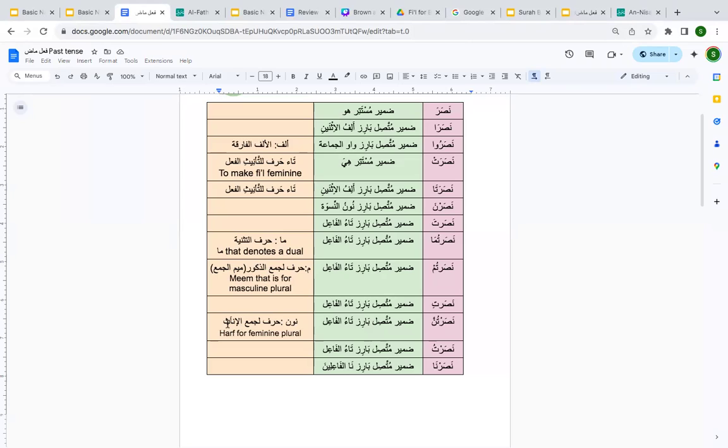At this stage, you don't need to remember the full name. If you want to, go ahead, please do. But I don't expect you all to know the exact name. You should know that if it is Nasarna, the noon that is just maftuha, written with fatha without any shadda, is going to be nunun niswa.